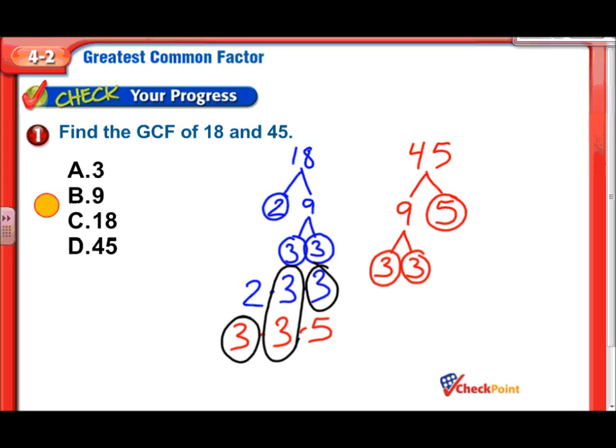How did I miss that? So they each have 2 3s in common. And now what we do is we multiply those common factors, and 3 times 3 is 9. Now let's check, is 9 the largest number that divides evenly into 18 and 45? Sure is.